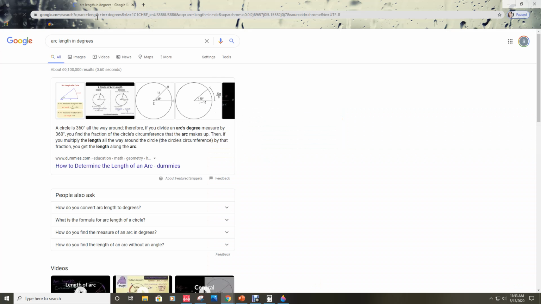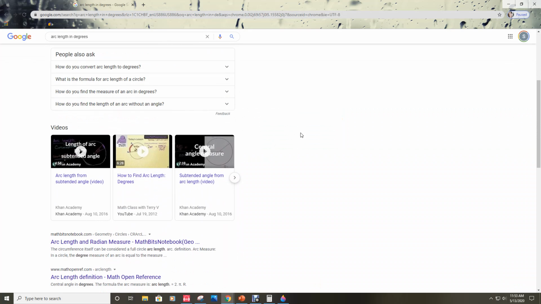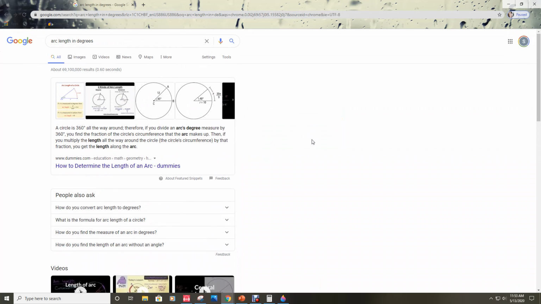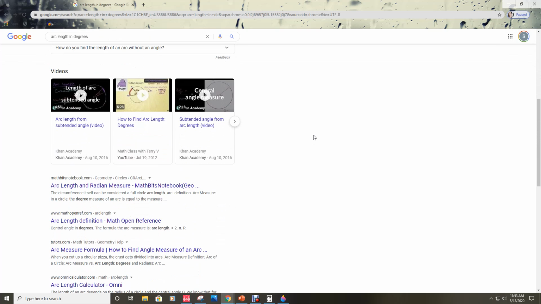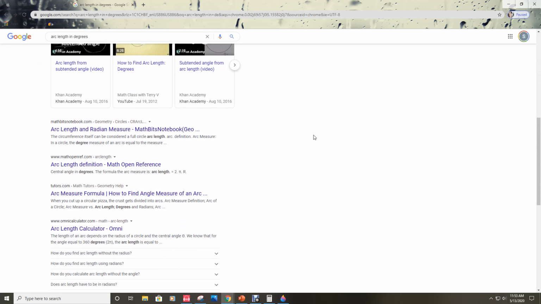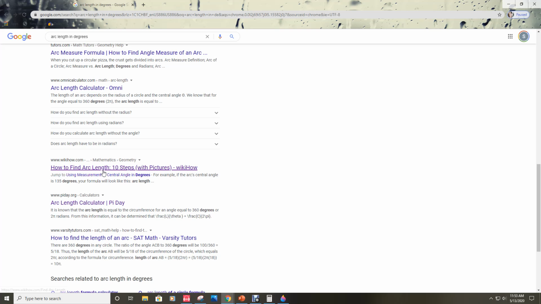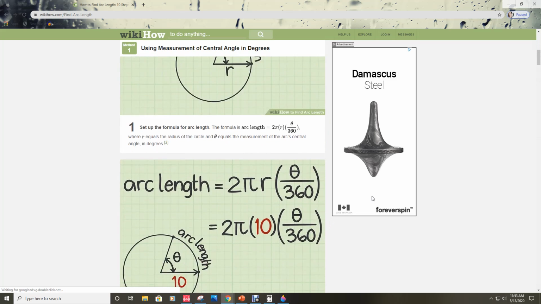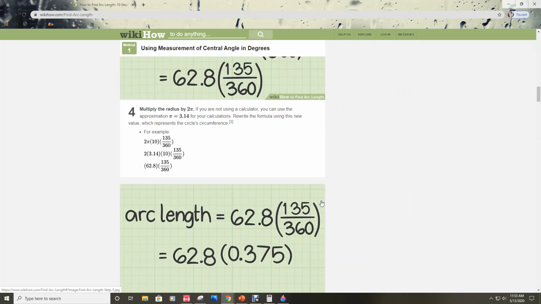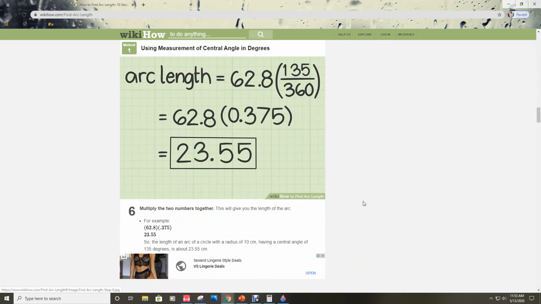What's really cool is that this website, if you type in arc length in degrees and scroll down, has this WikiHow, how to find arc length in 10 steps with pictures. It's awesome because it will also show you radians, and that's where I got my example from. Let me make sure I solved this correctly. What's the answer? 23.55. I was right. Okay, so we're cool there.